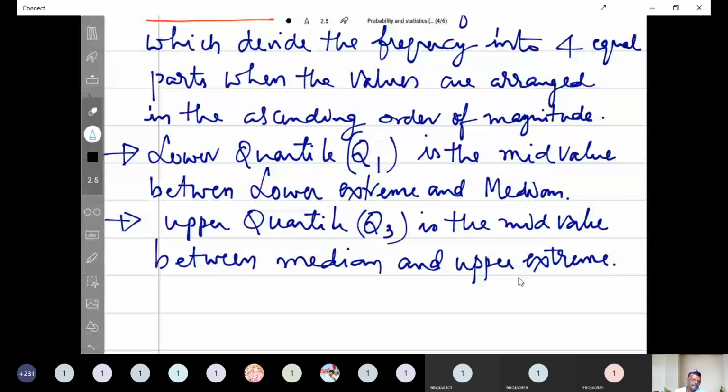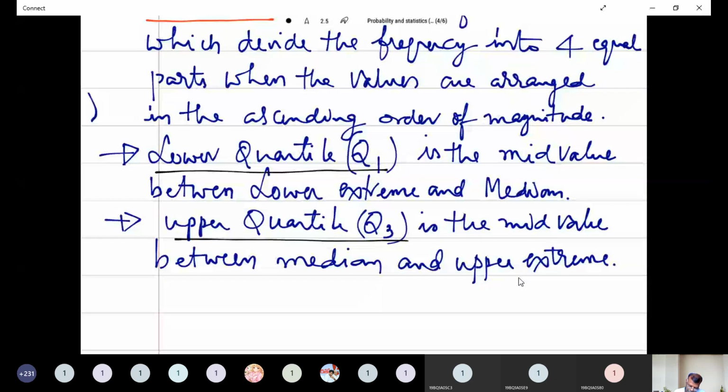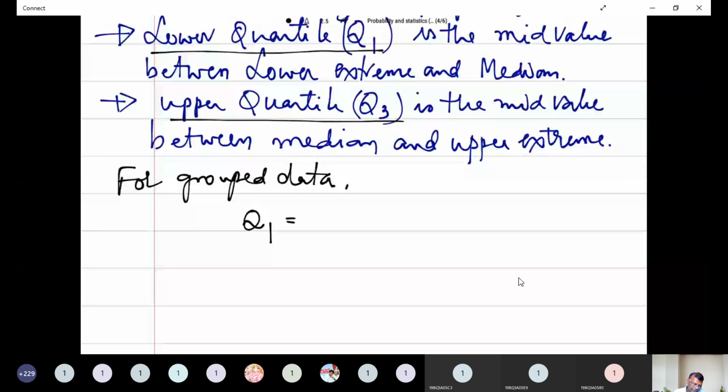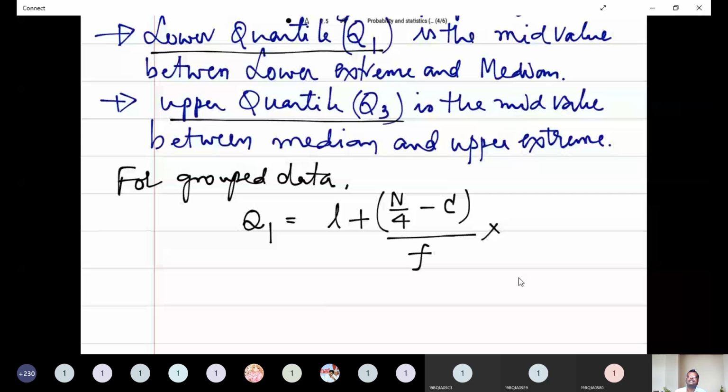Now we have to write down the formulas for grouped data. Q1 is equal to L plus, where in median we take n by 2, in the quartile we have to take n by 4 minus C, that is cumulative frequency, whole divided by corresponding frequency into width of the class.